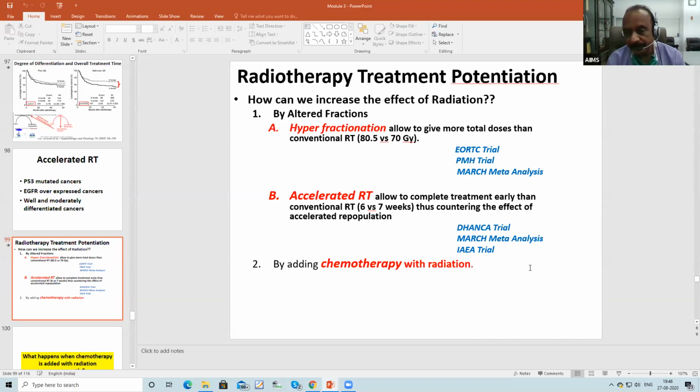But if you reduce the overall treatment time, probably it will be better. So that is the implication of tumor doubling time. If the tumor is very fast growing, it is better you finish your treatment much earlier, or you plan an accelerated treatment or concomitant boost. Probably that will be better.